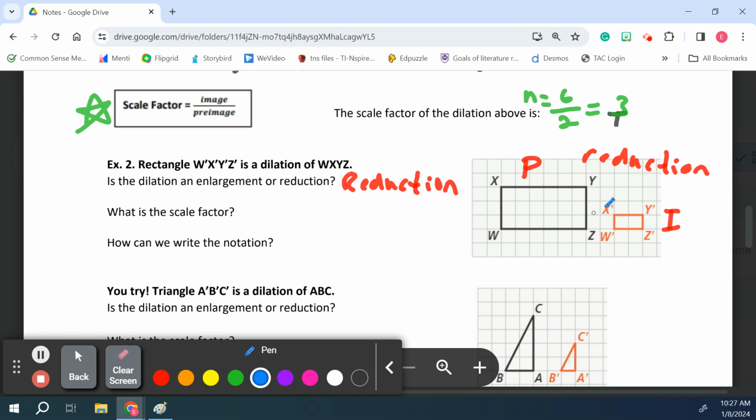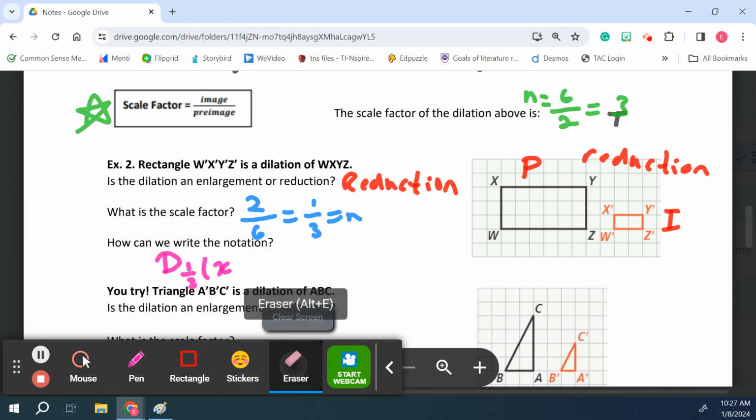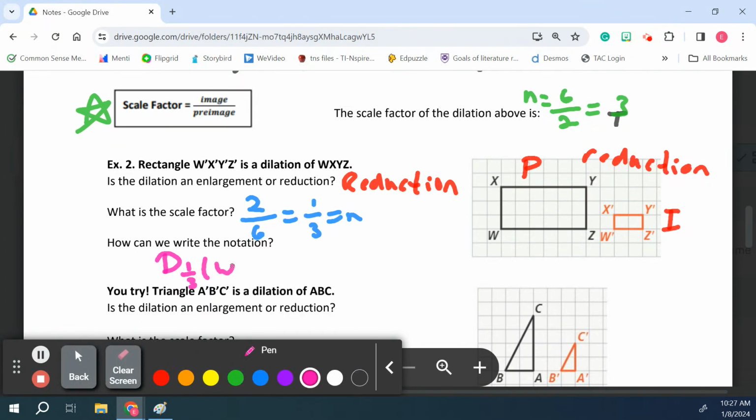I take the image, which is 2 spots, and divide it by XY, which is 1, 2, 3, 4, 5, 6, which means my N is 1/3. And how would we write this notation? We would do capital letter D, 1/3, and then WXYZ.